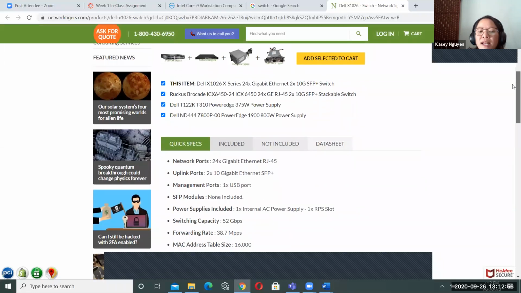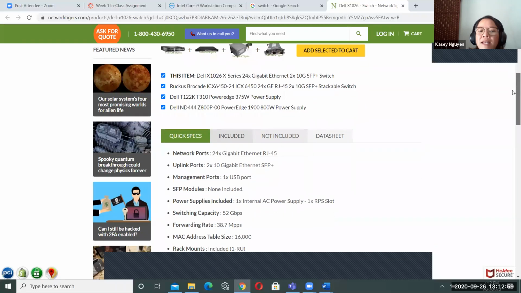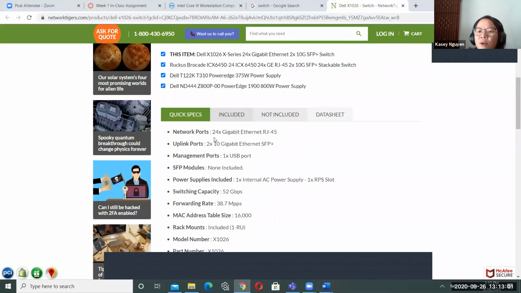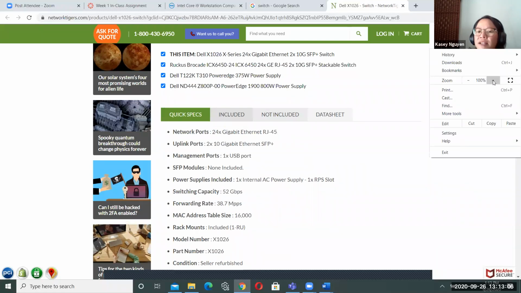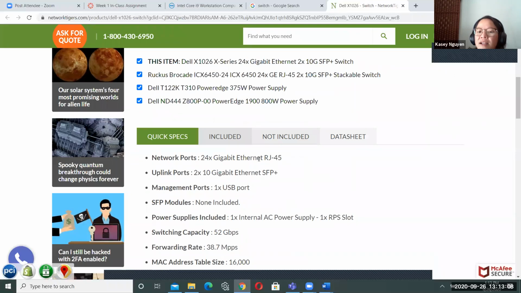So you would see something like this, okay? And this one has 24 ports. When you see RJ45, that's Ethernet, the plug that you see on an Ethernet cable. It has 2 uplink ports at 10 gigabit Ethernet SFP, meaning that's a different type of cable, and we can use this to connect to our fiber backbone on our rack.